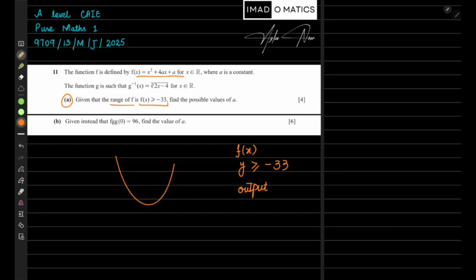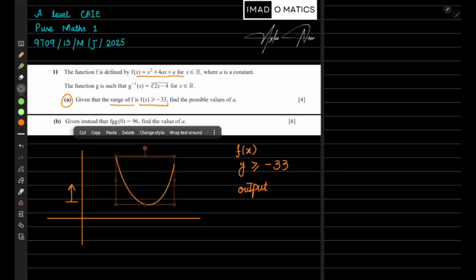When it is open upwards and they say the range, that means it is above this value, like y, that they have given to be minus 33.